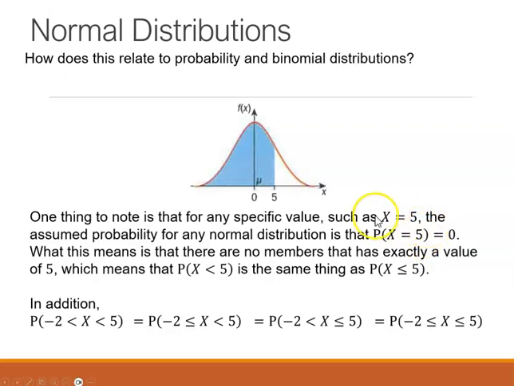Hence why the probability when x is equal to a fixed value is 0 in a continuous distribution. So if I have the probability that x is between -5 and +5, that is going to be the same probability whether we include -2, or it includes 5, or it includes both -2 and 5. Same probability.